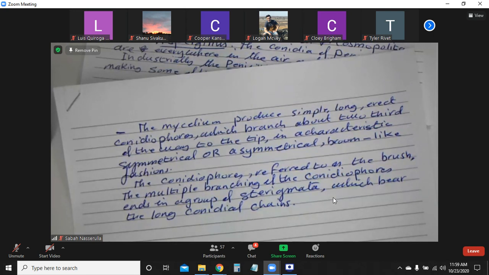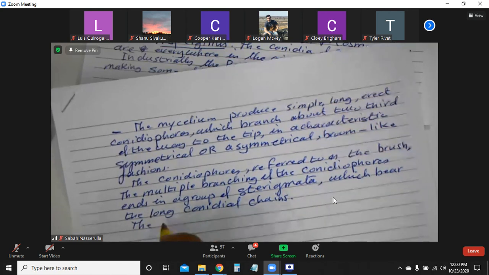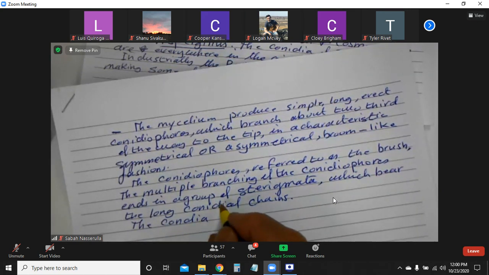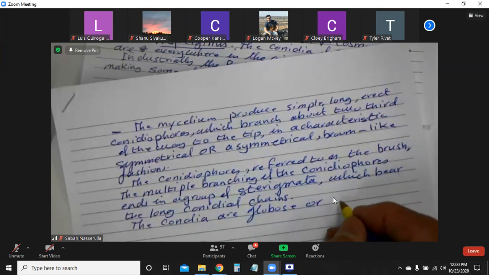The conidia itself we would describe as globose or ovoid. You mentioned this point here: the conidia are globose or ovoid.